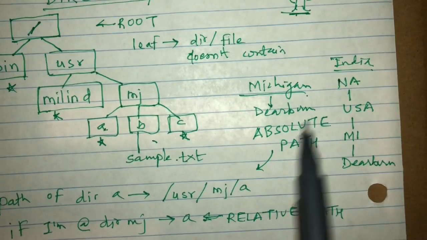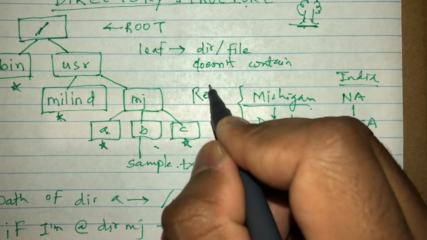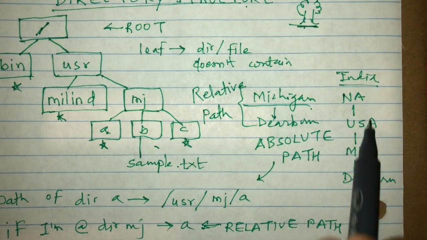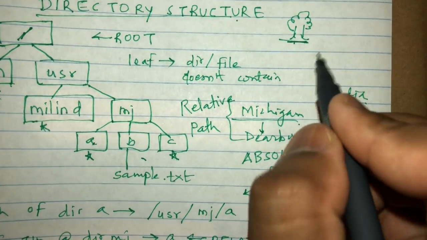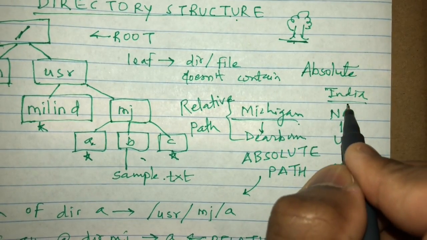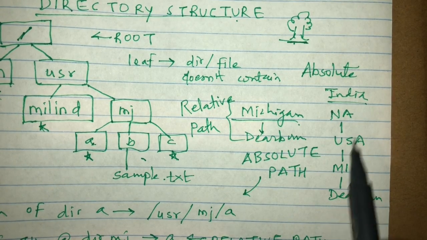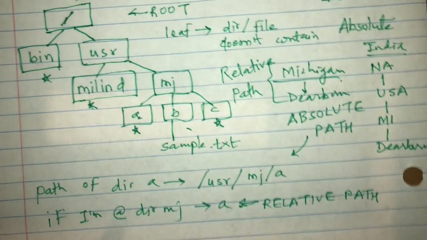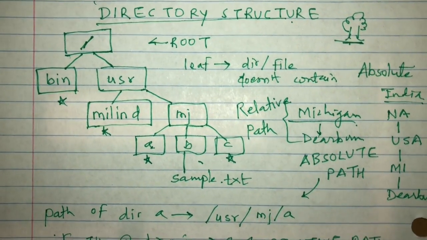So here the former approach is called the relative path, where I am already at Michigan, so I don't have to go to NA, USA, all those things. Whereas the latter one is an absolute path, which is true whether you are in India, in Michigan, or in Dearborn itself. If somebody tells me NA, USA, MI, Dearborn, that is true irrespective of your current location. So I think these two concepts are important when we talk about directory structure.